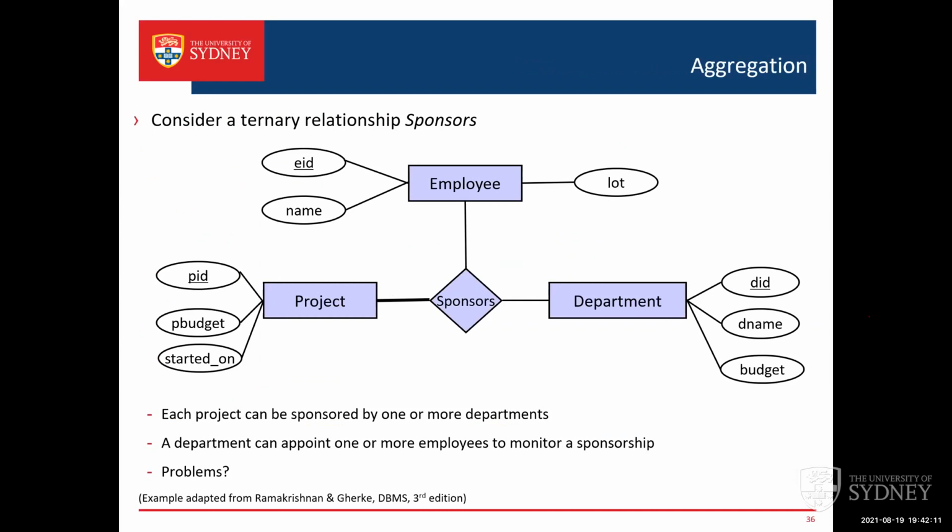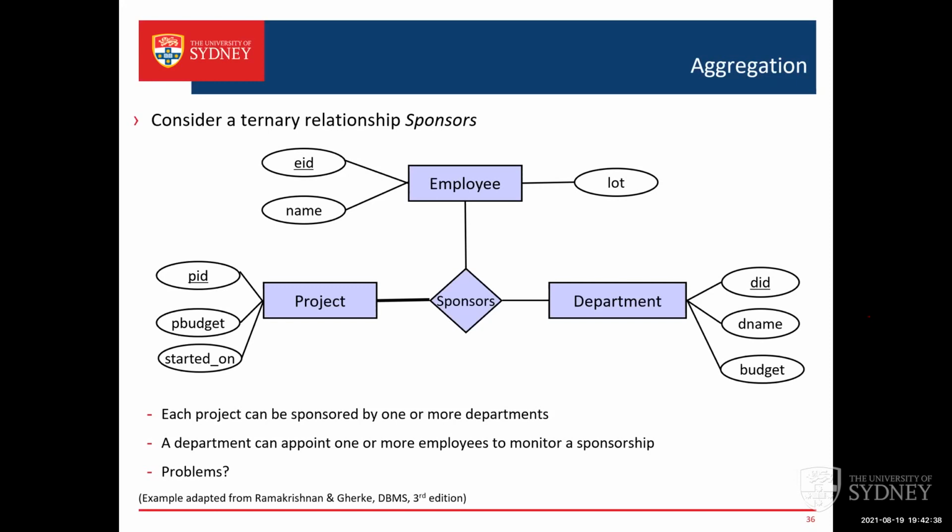The last thing that we want to know is aggregation. Aggregation simply means aggregating a lot of things into one. When we have a situation that we cannot represent using the things that we have learned, we will try to aggregate. So in this case, let's say we have a ternary relation: project, department, and employee.